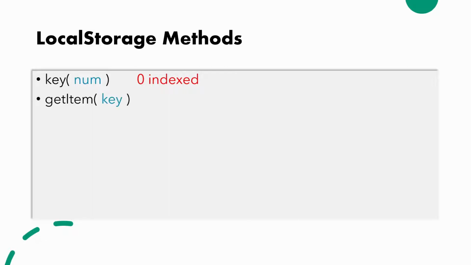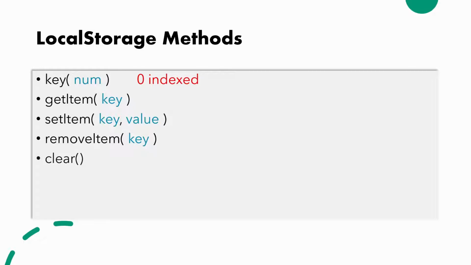You can also use getItem with the name of the key to get the value of the key that you provided. And with setItem, you can add a key value pair to your local storage. The removeItem method just uses the key to remove a key value pair in your local storage. Last but not least is the clear method, which will empty your local storage space.